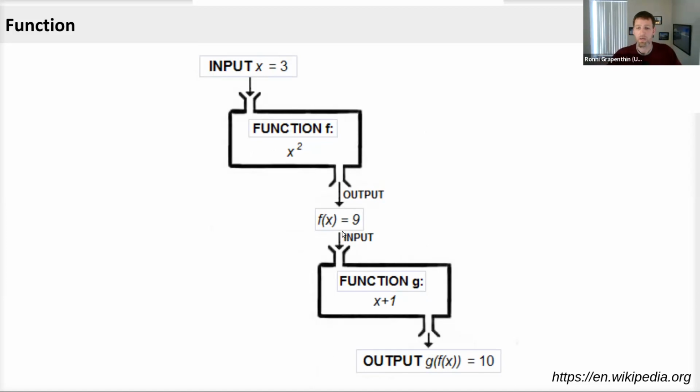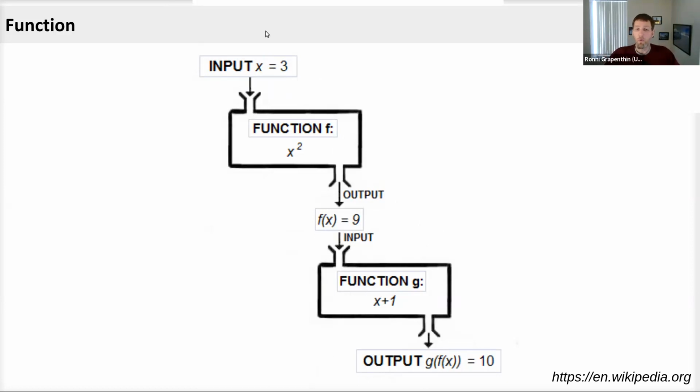That can be the input to another function, which is x plus 1. Now, that is not this x that's coming in here in the beginning, right? That's a new x. That's the output of the first function that's going to the input. So this is 9 plus 1, and so it's 10. So here we are applying one function on the result of another function.